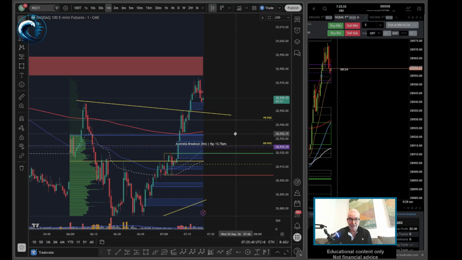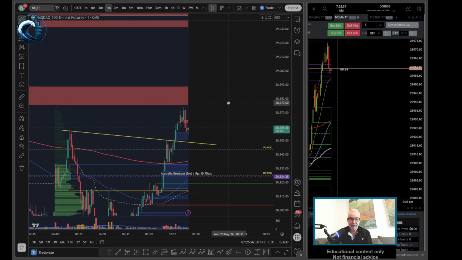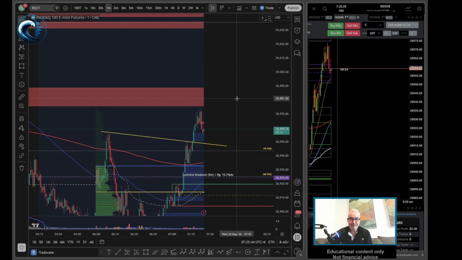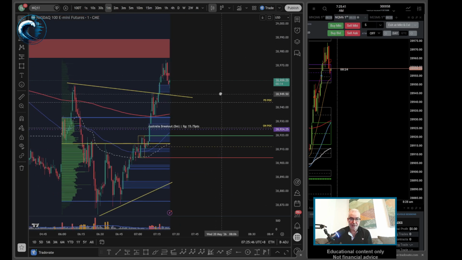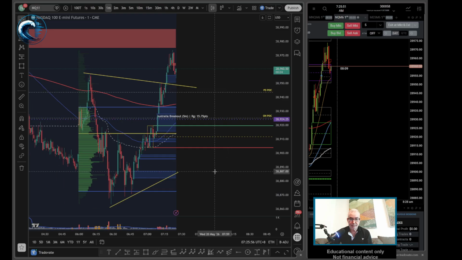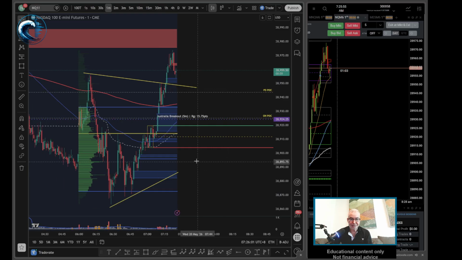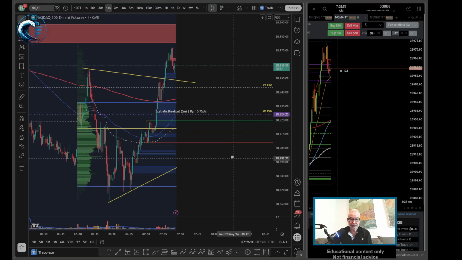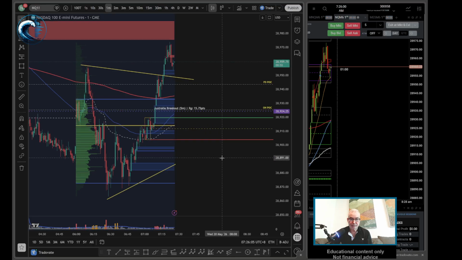Got enough shit on my chart as is. Alright, what are we going to do here? I hate it when they're stacked so close, because I've become a little bit indecisive.